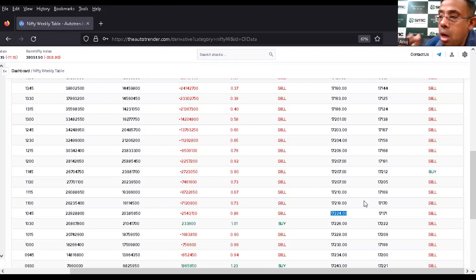Second, whenever your option price increases by 50%, that means if you have taken the option at 100 rupees, whenever it reaches 150 or more or 160, your first target is complete. Or the third way out is that you can define a target for your own self. That is quite indicative. Like you are the boss, you can always choose your target.